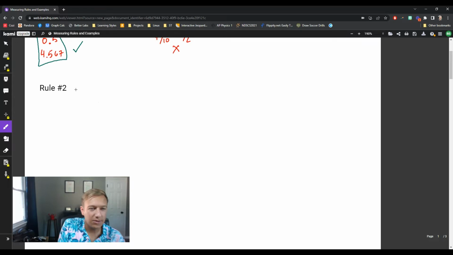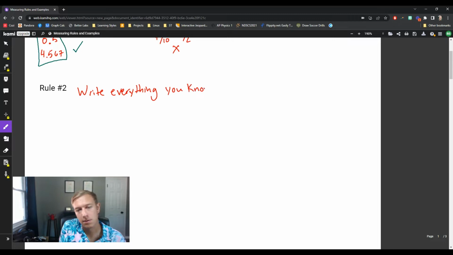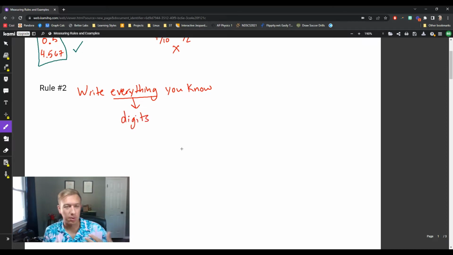We're going to write everything we know. And when I say everything, I'm talking about specifically digits that you know. Digits representing numbers in specific places.